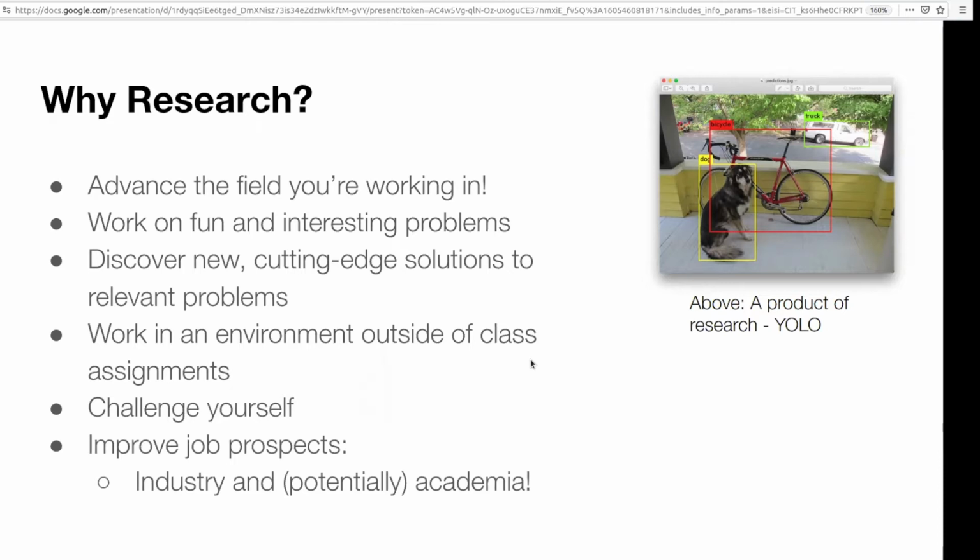And lastly is improving job prospects. I believe that having good research experience on your resume helps you with industry, like applying for full-time jobs, because it shows that you really put in time to get some results on a problem, and also internships. And potentially, this can really help with academia, because if you have a really good research track record, you can ultimately get admitted to a really good PhD program in computer science.